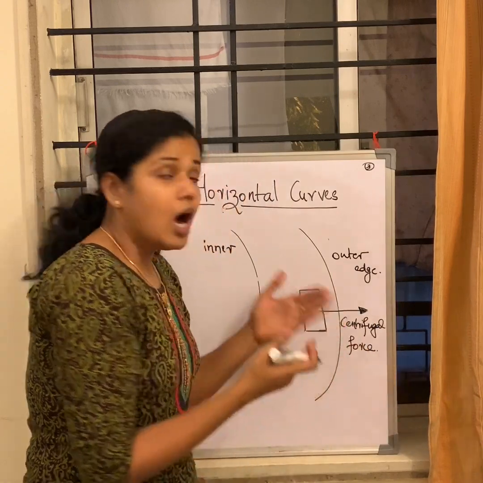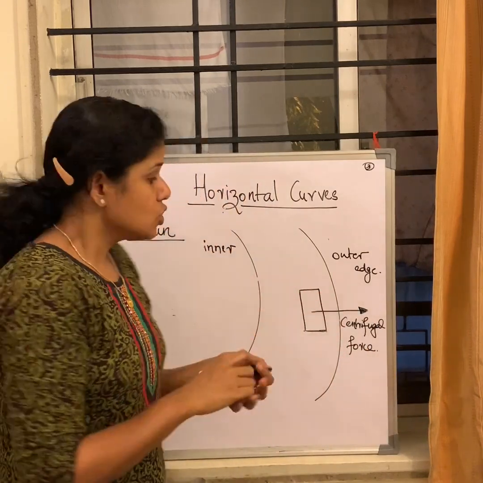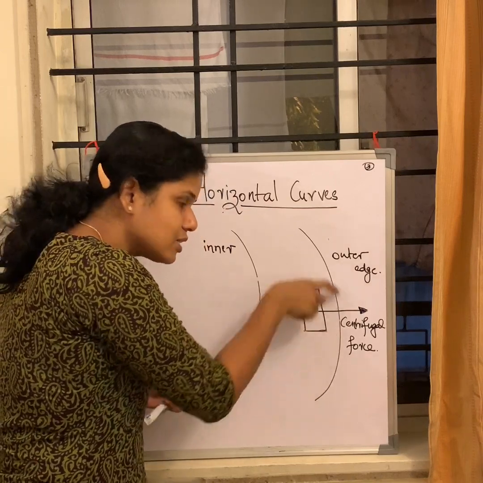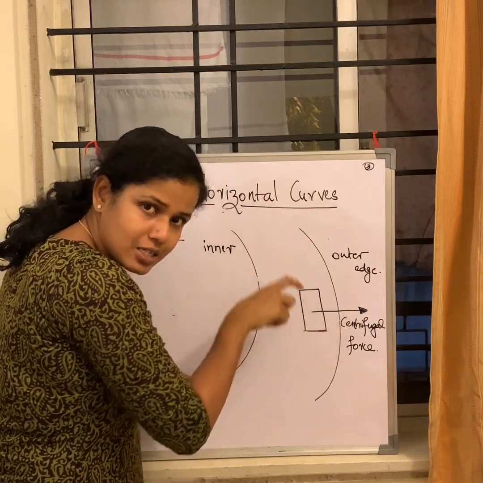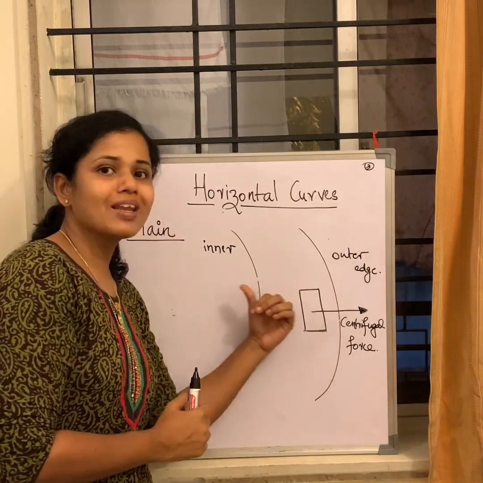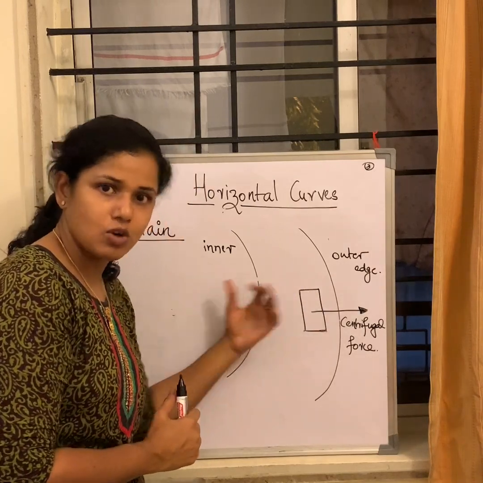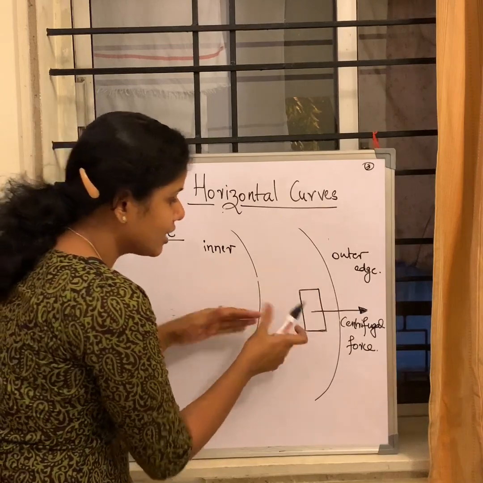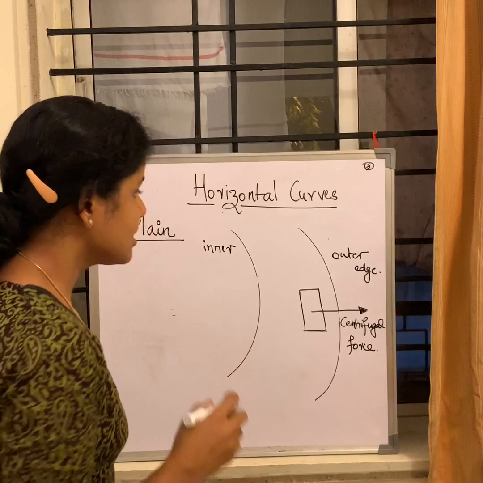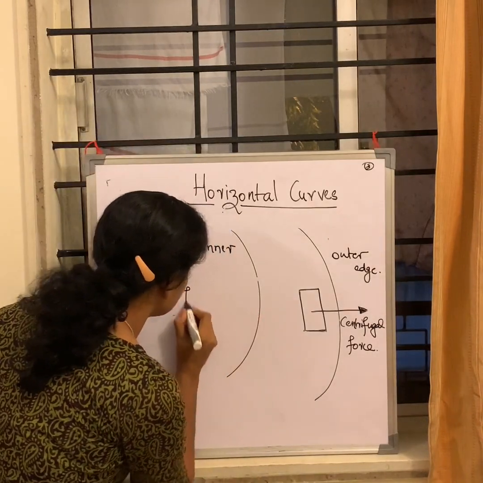Okay, and how do we maintain the stability? So for this car to traverse this path at its speed and maintain its stability, there should be an equal and opposing reaction, an opposite force, and that is what we call generally the centripetal force. In this case here, it is friction.